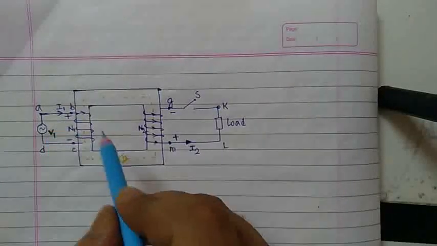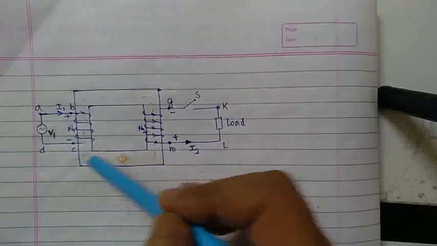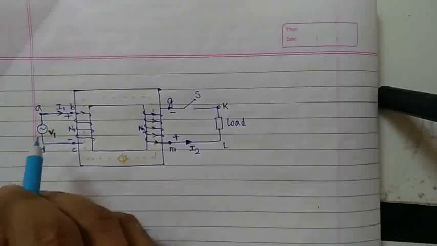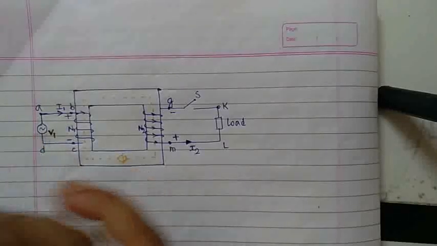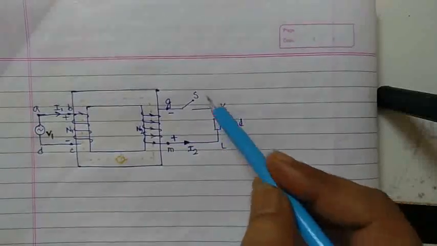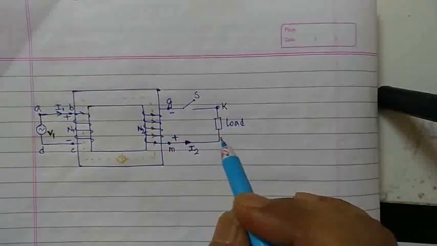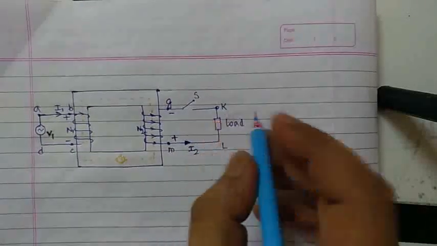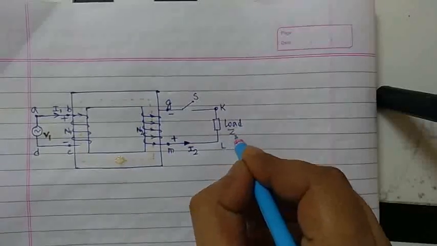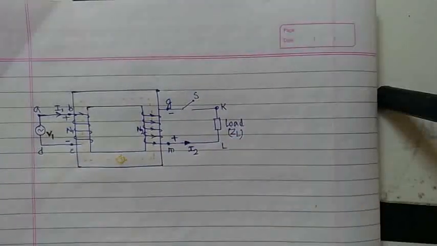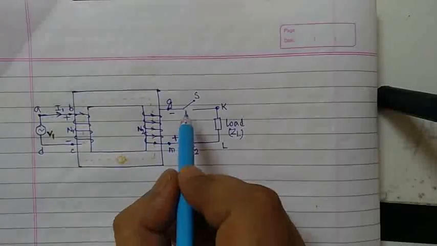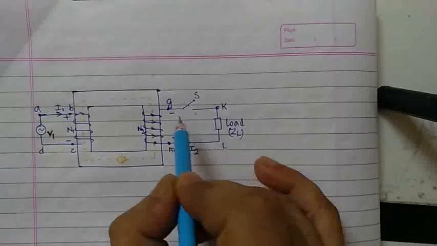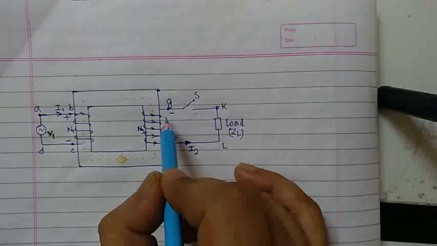characteristics of an ideal transformer. First, look at the picture I draw here. On the primary side, the number of turns is N1, connected to an alternating source V1, and on the secondary the number of turns is N2, and with the help of switch S we are connecting a load. Suppose the load has impedance ZL. If the switch S is closed, ZL is now connected in the secondary.